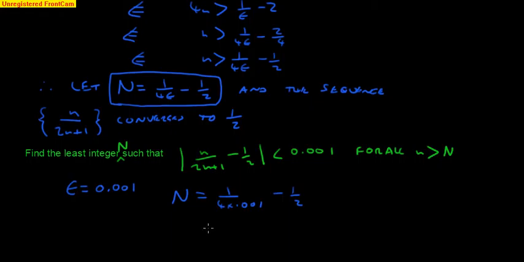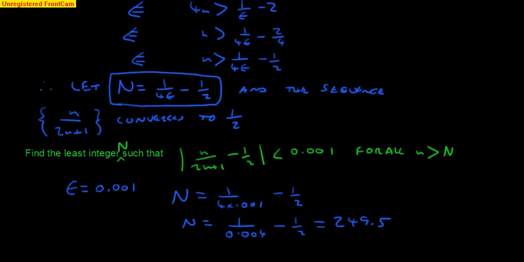I'll do this on a calculator. We could probably, if we were working hard, work it out. 0.004 minus a half. I will use a calculator for it because it will save my head. Comes to 249.5.